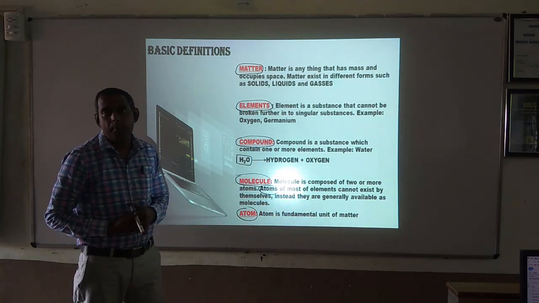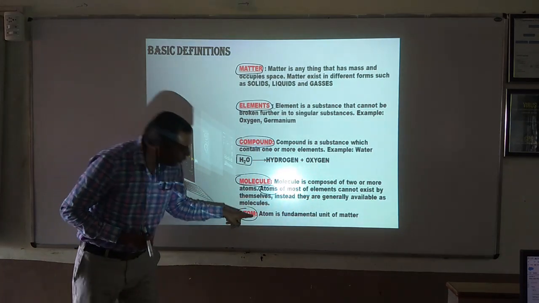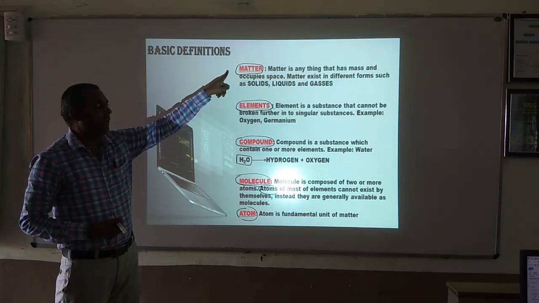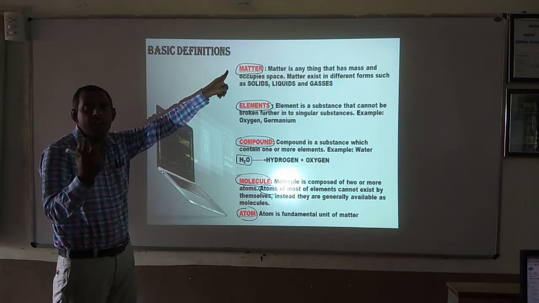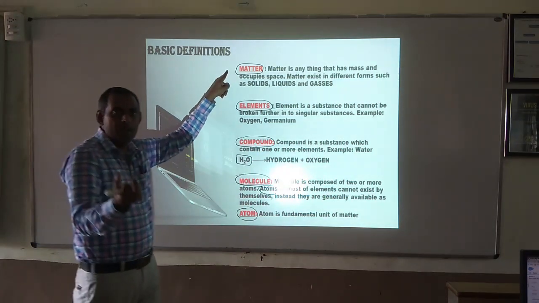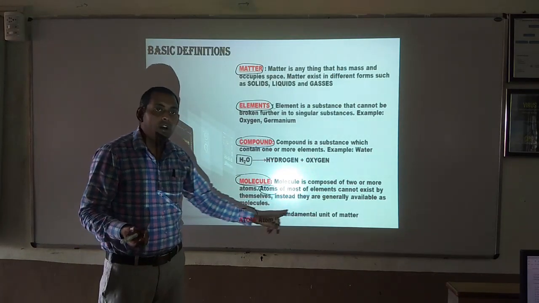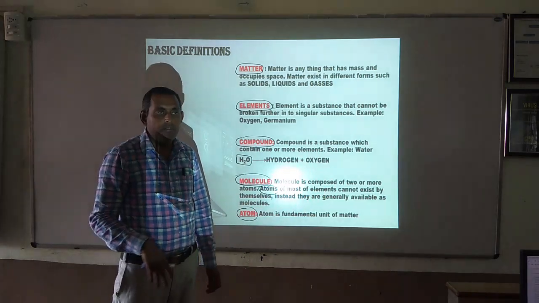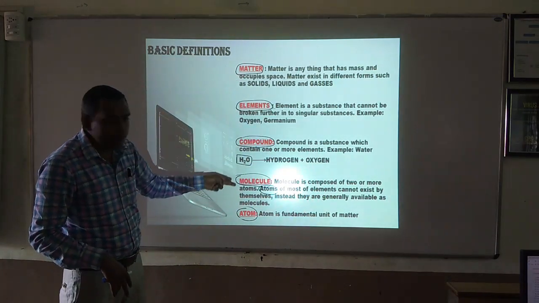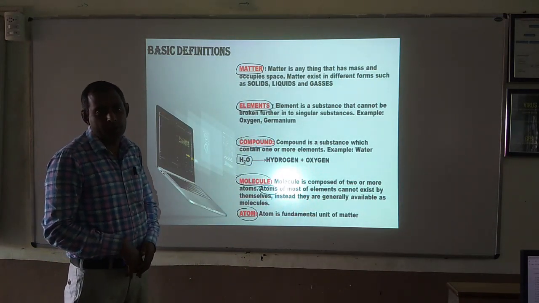An atom is the fundamental unit of matter, which has mass and occupies space. These are the basic definitions we need to check.